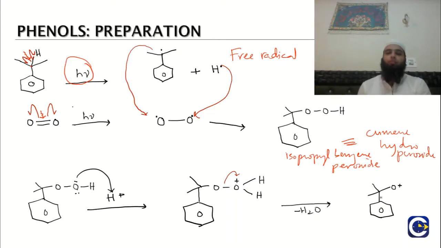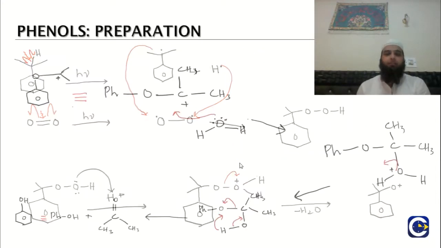So this is an unstable product. For stability, there is a methyl shift. This methyl shifts to the oxygen, sorry, not methyl, this is a phenyl shift. This is the phenyl group, and it shifts to the oxygen, and what we get in this reaction is something like this.